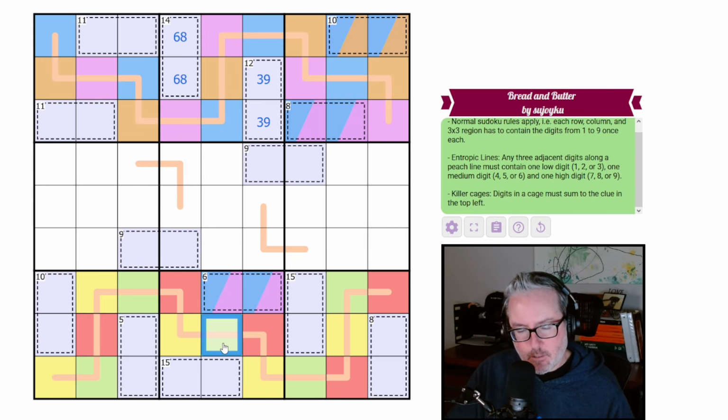But I guess green is never low, because if it was, we wouldn't have enough lows to fill. So green is not low.